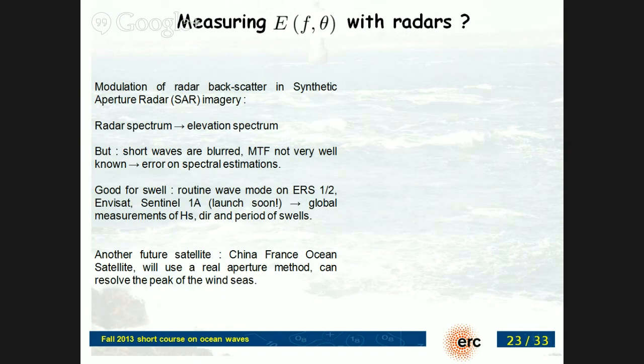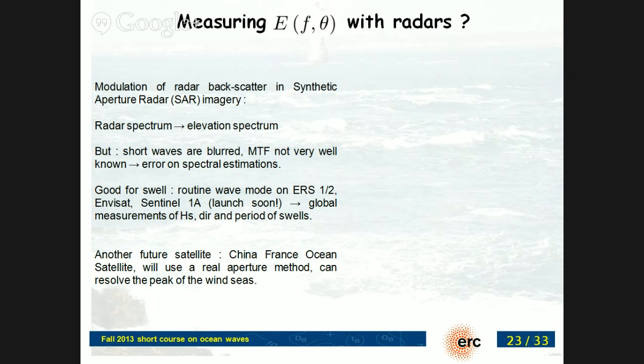Now, of course, there are some other ways to do measurements, and we will not be working with these data this week, but there are a lot of people working on this: making observations with the radar that will give you a snapshot of the sea surface. And this is, for example, what's done by radar. So you make an image of the surface, and you can see the waves on top of that.